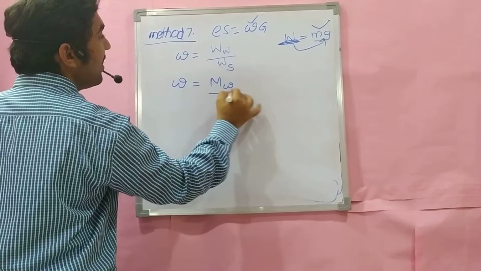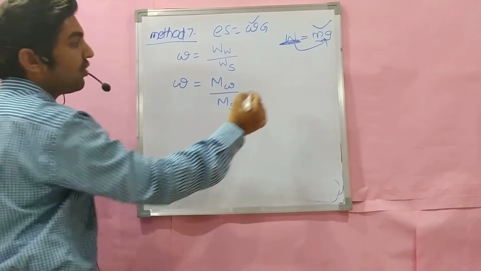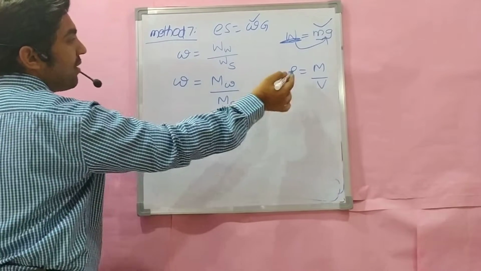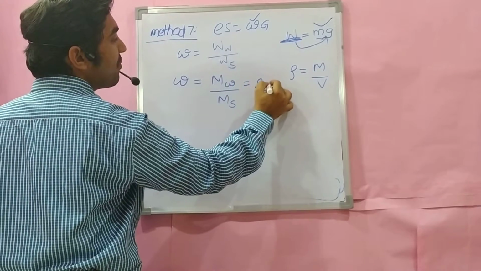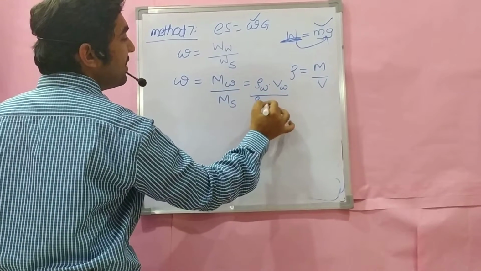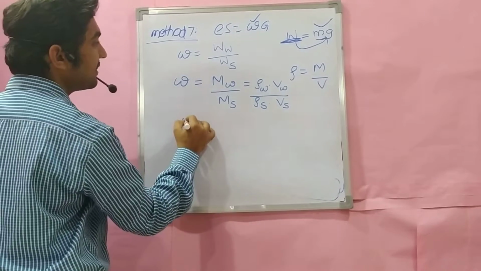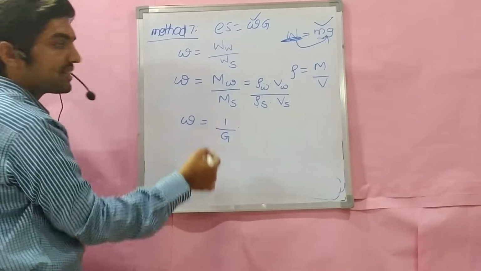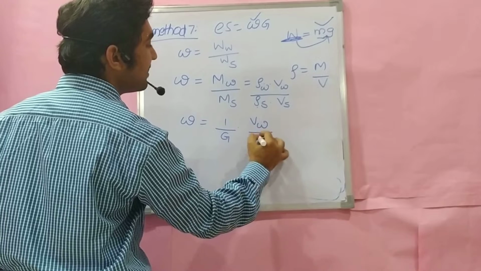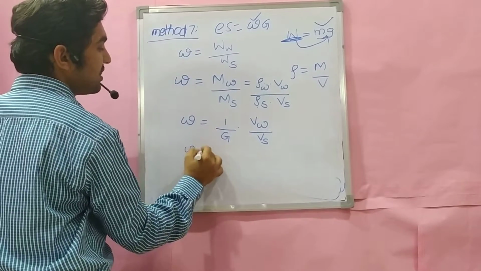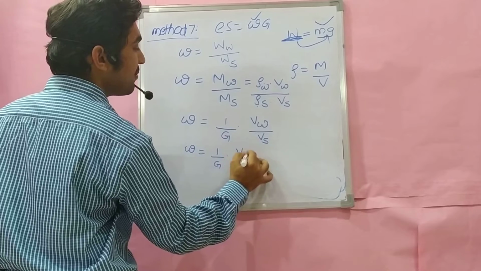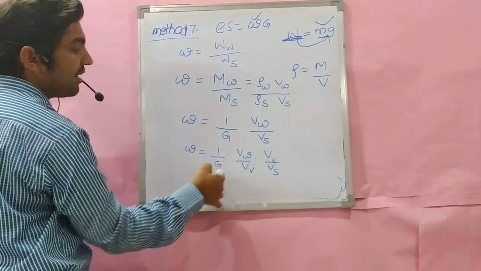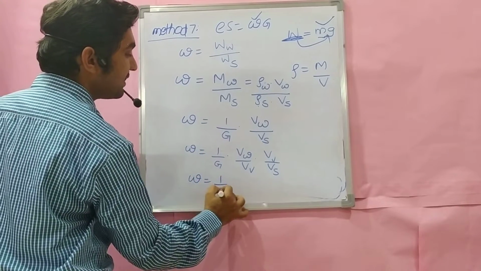So w is the mass of water by the mass of solids. Density is equal to mass by volume, from the fundamental property in fluid mechanics. So mass is equal to density into volume. w is rho w Vw by rho s Vs. We can write w as rho w by rho s, which is the reciprocal of specific gravity, 1 by G, because G is rho s by rho w, into Vw by Vs. w is equal to 1 by G into Vw by Vv into Vv by Vs. We can multiply and divide by Vv in order to make our calculation simple.